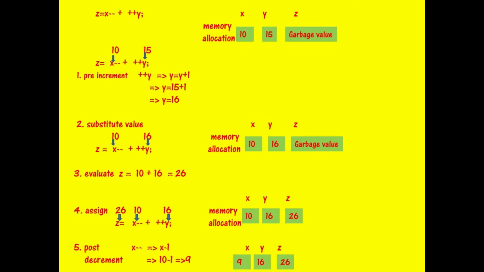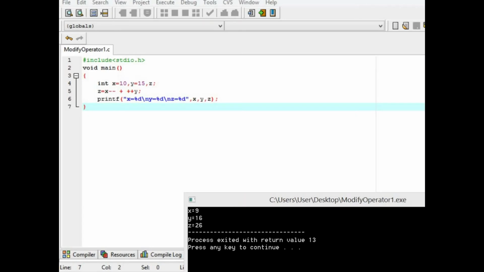The value of x is 10, 10 minus 1, that is 9. So the updated value of x is 9, y is 16 and z is 26. When I run the program, the output screen displays x is 9, y is 16 and z is 26.